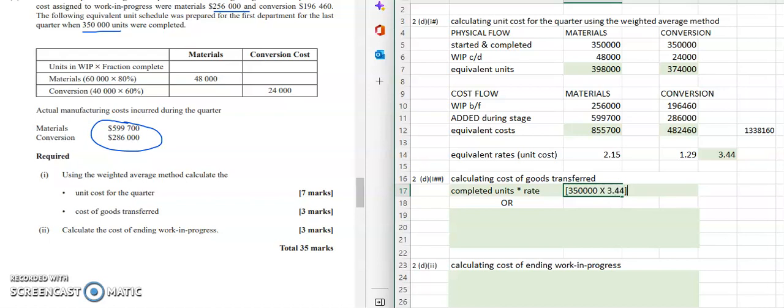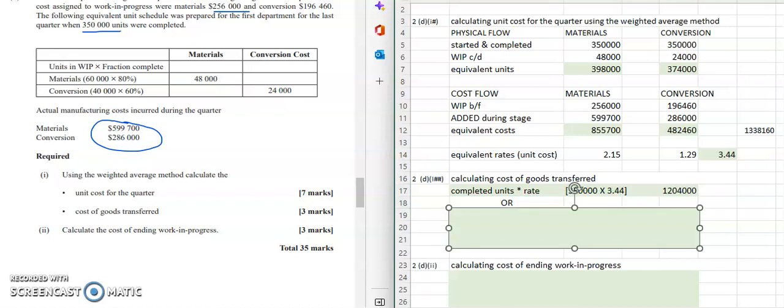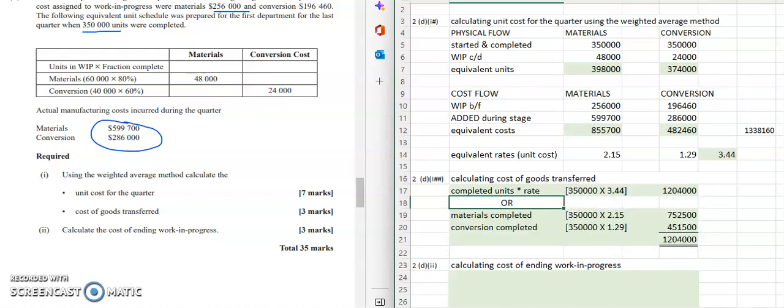And when we multiply that, all right, let's calculate that quickly. When we multiply that, we get 1,204,000. All right, so that is the cost of the goods transferred. I mean, you could have easily just done it this way. You could just multiply out the materials and multiply out the conversion and then add up and you should get the same answer.